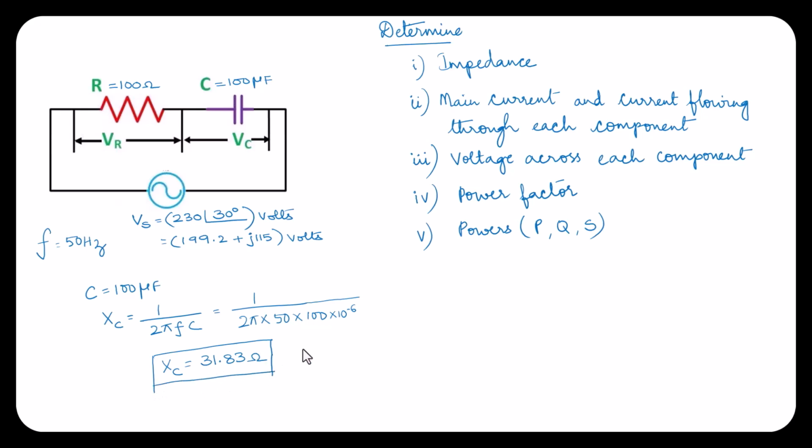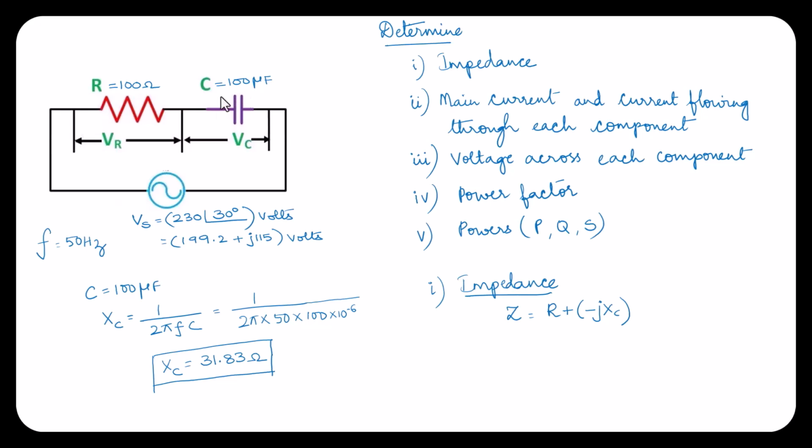Okay, so let's start with the solution. So first one is impedance. So whenever you want to calculate the impedance of the circuit, Z is given by R plus minus JXC.